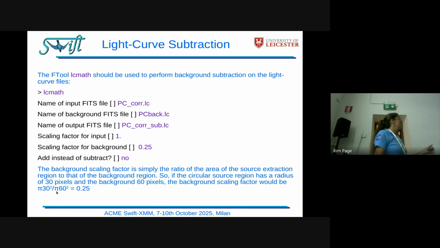You just give it the ratio of the areas. So I just used a circle. You can use a background annulus if you want, but then you have to work out your area, and it's much easier if it's a circle, because you know, pi r squared and all that, rather than pi r squared minus pi r squared. So that's why the scaling factor is 0.25 in this case.